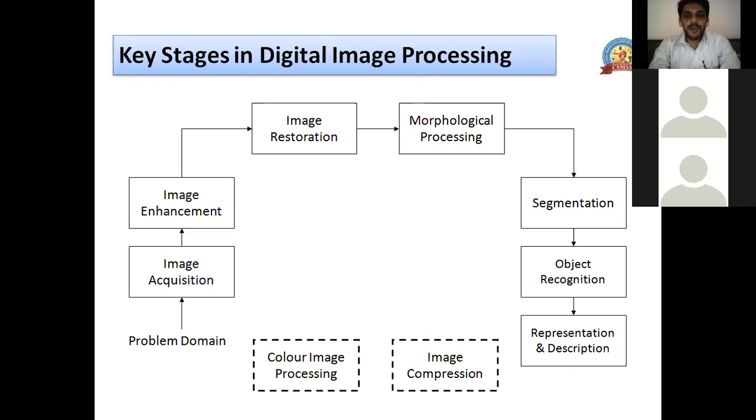Mostly we don't process color images, we process grayscale or black and white images. The reason for that is that a color image is almost 3 times the size of a grayscale image.